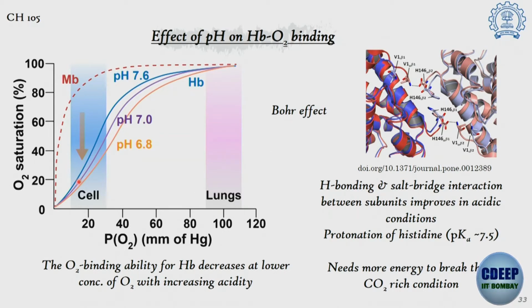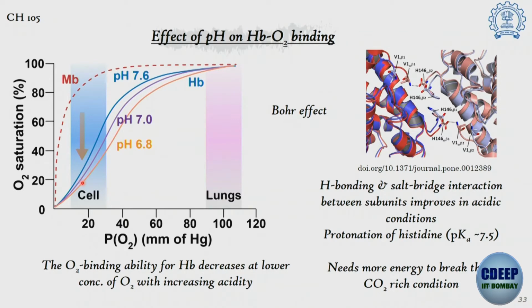If you look closely over here, you can see that at cellular concentration the hemoglobin is not devoid of any oxygen; it has some oxygen present, like 20%. But if I increase the acidity of the solution, the minimum oxygen binding of the hemoglobin gets down. That means it cannot hold the oxygen very well.